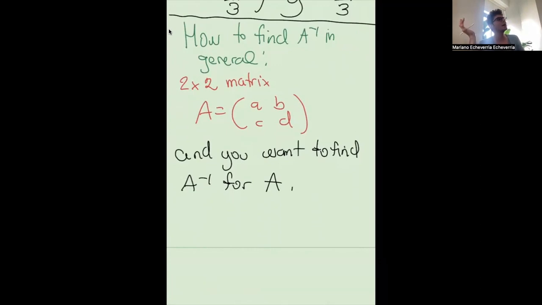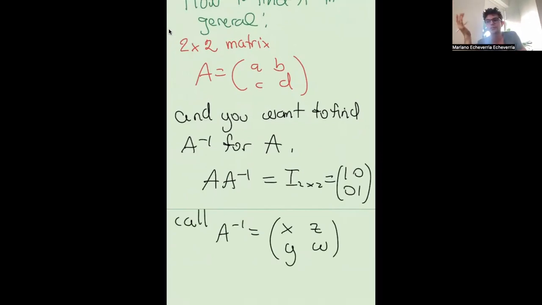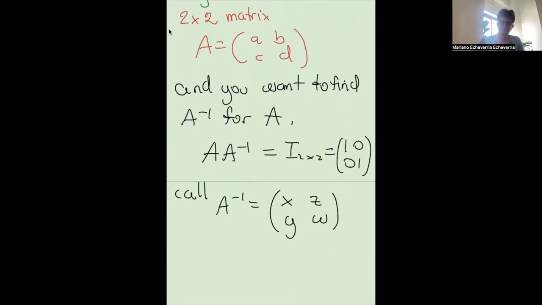Again, I don't know what A inverse is going to be. I just know that A times A inverse needs to be the identity. That's the defining property of the inverse. Since I don't know what it is, you have to give some new names to the entries of that matrix. So call A inverse [x, y; z, w]. And you'll see why I'm writing it this way. But I just don't know what that is, so I have to find a formula for it.